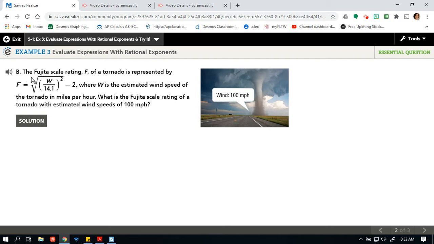We have the Fujita scale rating F of a tornado, represented by this equation, where W is the estimated wind speed of the tornado in miles per hour. What is the scale rating of the tornado with an estimated wind speed of 100 miles per hour? W is the estimated wind speed. The wind speed is 100.